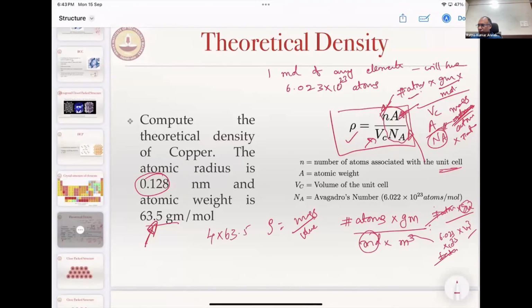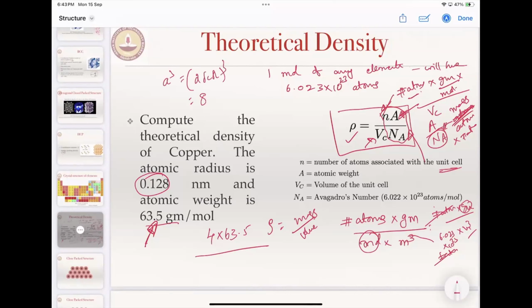So 4 into 63.5 divided by the volume of the unit cell. A cube, basically. A is 4 by root 2 times r, in terms of the atom radius, which is known. Therefore A cube is 2 root 2 r whole cube, right?